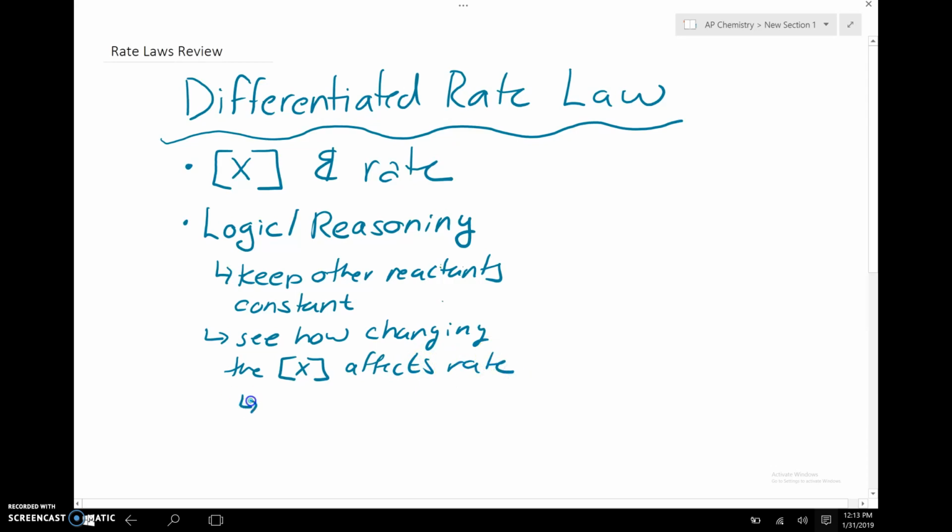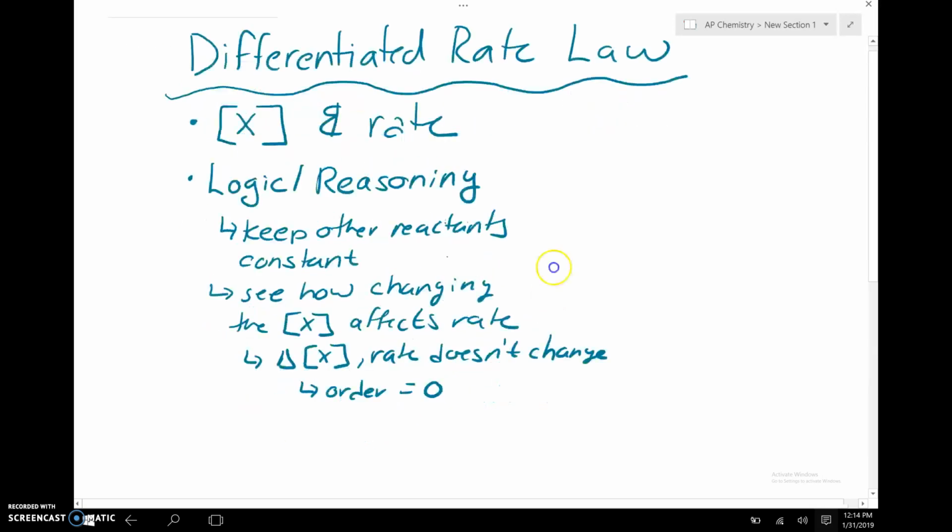And so remember, if we change the concentration of X and the rate doesn't change, it means that the concentration of X has no effect on how quickly this reaction moves, and so then the order is going to be 0.